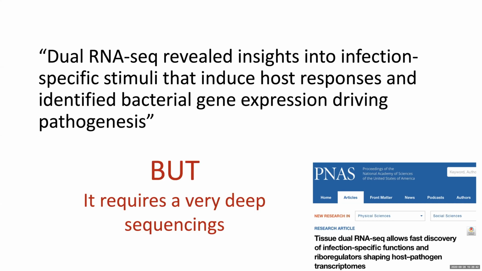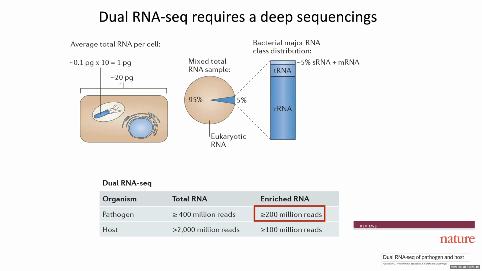But there is one thing about this technique, that it requires very deep sequencing. This is based, again, on the fact that even in an infected cell, there is a very minimal amount of bacterial RNA in the cell. And out of that amount of bacterial RNA, again, the majority is ribosomal RNA and transfer RNA, and the small portion of that is mRNA, which is what we are interested in.